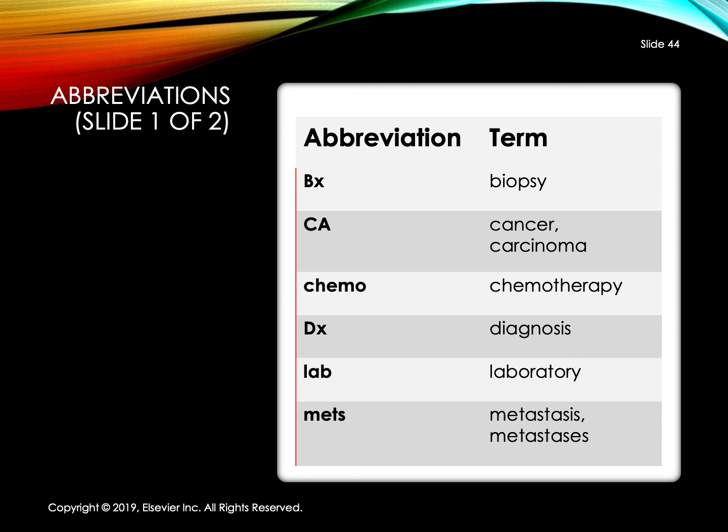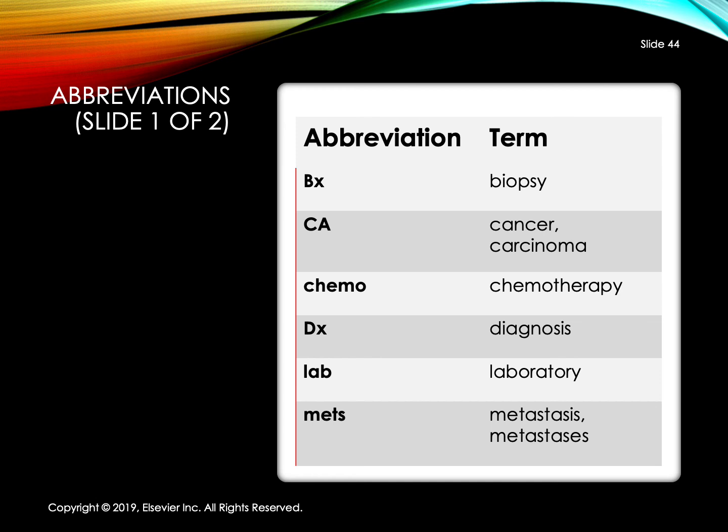All right, let's talk about a few abbreviations. BX is the abbreviation for biopsy, whereas CA is the abbreviation for cancer or carcinoma. Now, oftentimes when we refer to chemotherapy treatments, we shorten that to just chemo.